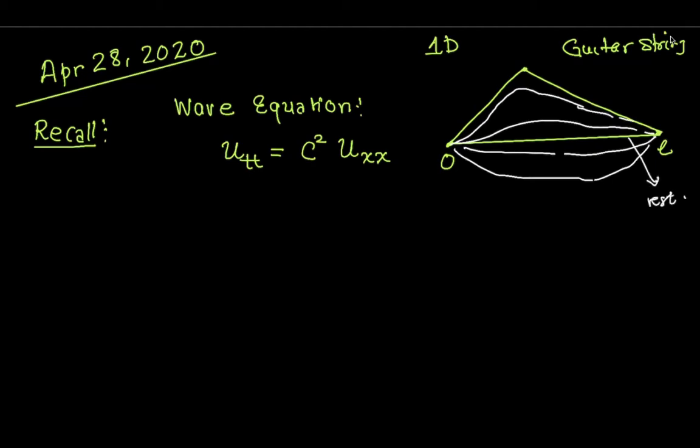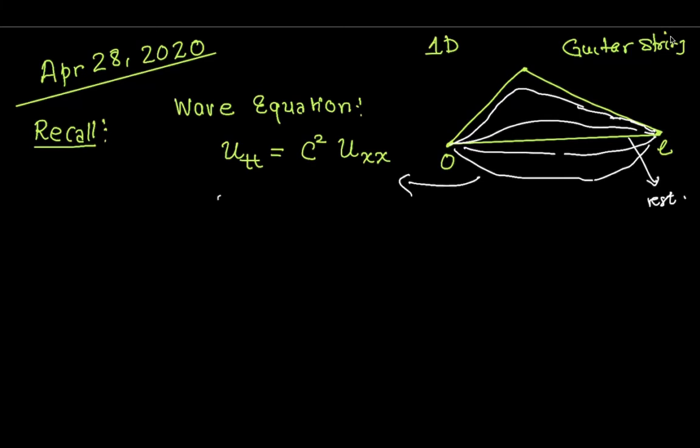After some time, it will go to rest. This phenomenon is formulated by the wave equation, because we have a rate of change in space and a rate of change in time when you leave this string.